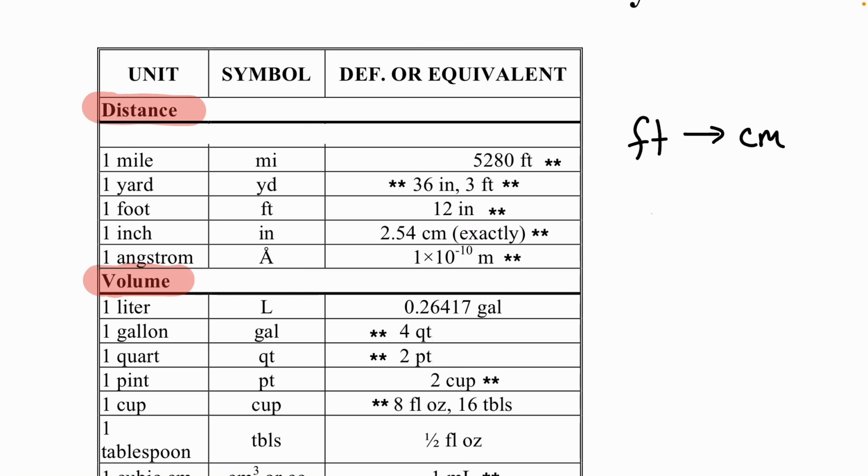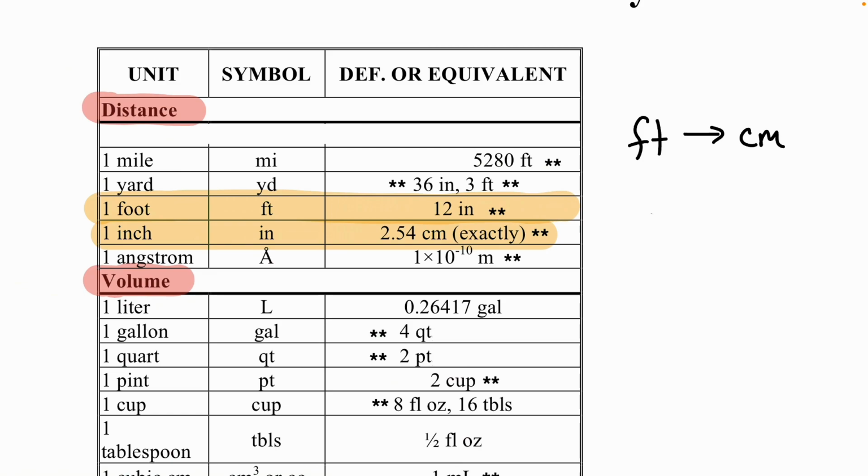I really only have this one entry here that deals with centimeters, so I know I'm going to have to use that one. That would get me from inches to centimeters, but I'm in feet. Can I close that gap? Is there another conversion factor up there that would help me jump from feet into inches? Yes, so I'm going to have to use both of these to do this conversion.